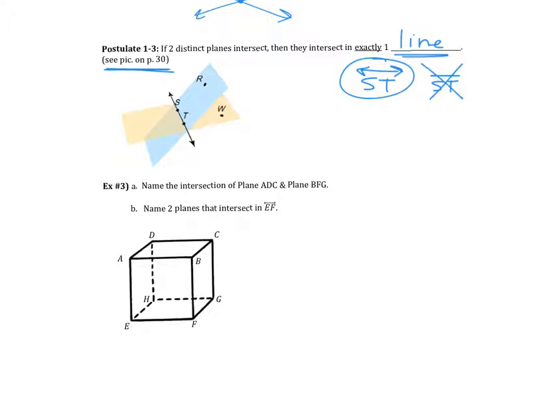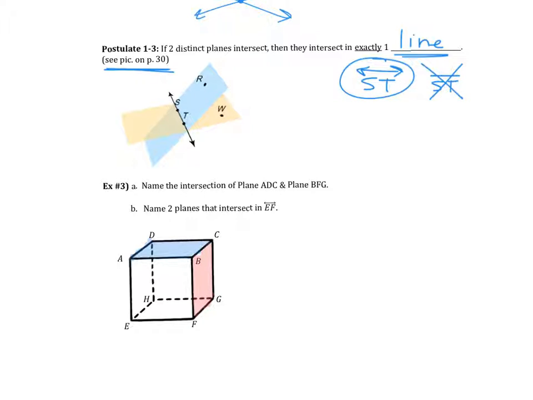Is it left, right, top, bottom, front, back? It's the top plane, okay? So where A, D, and C are, that would be this plane. And then BFG, which plane is that? That's the right side of the figure, so that would be this plane.